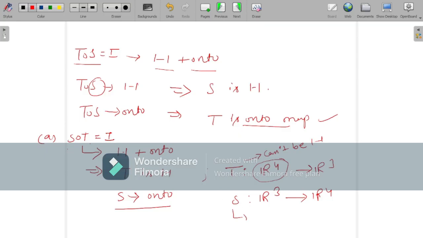Here S cannot be an onto map, because the dimension of the codomain space is greater than the dimension of the domain space. I have already discussed this result in the last lecture. So that means the first option A is a wrong option.